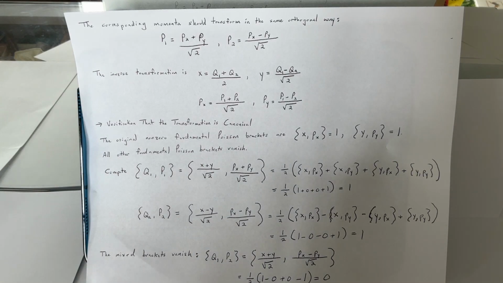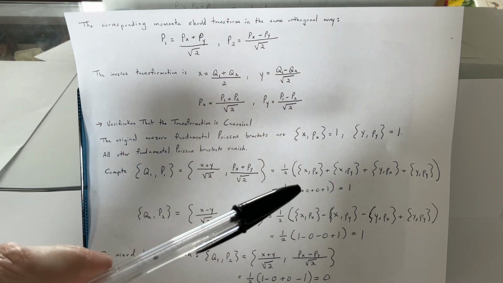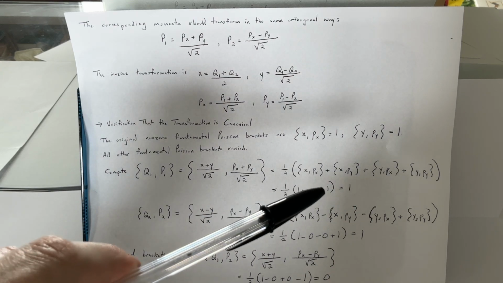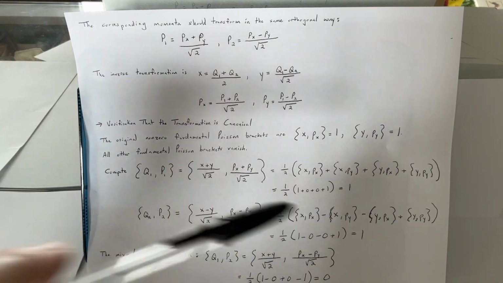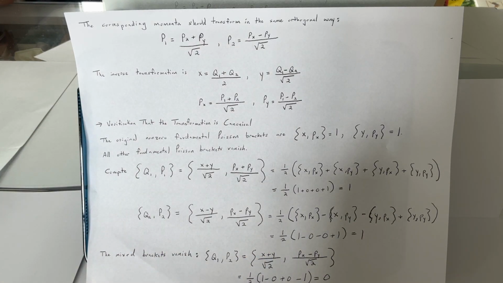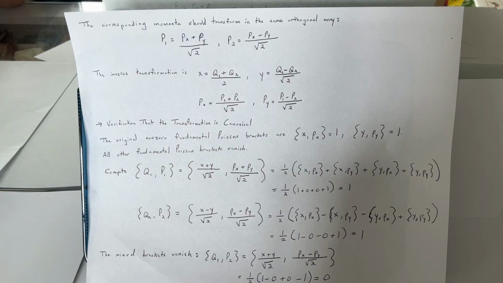That's going to become 1/2 times {x, pₓ} + {x, p_y} + {y, pₓ} + {y, p_y}, and that yields 1/2 times 1 + 0 + 0 + 1, and that's just 1. Computing {q₂, P₂}, that equals the bracket of (x − y)/√2 with (pₓ − p_y)/√2. So we have 1/2 times {x, pₓ} − {x, p_y} − {y, pₓ} + {y, p_y}, and then we get 1/2 times the quantity 1 − 0 + 1, and that also equals 1.